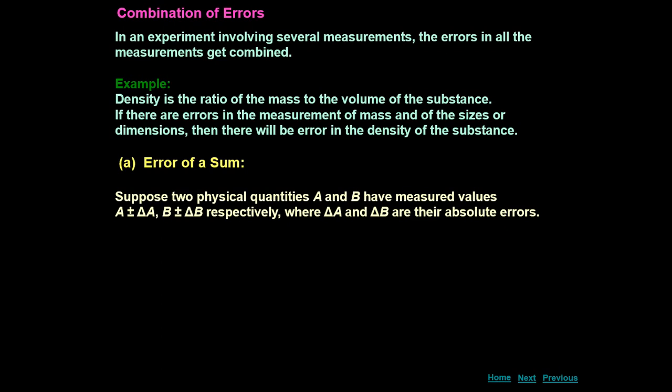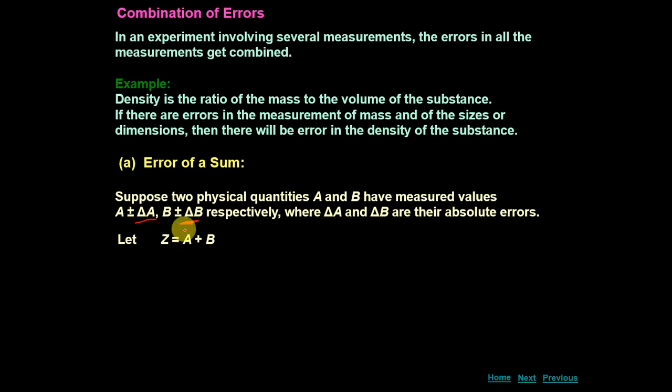Suppose two physical quantities A and B have measured values A ± ΔA and B ± ΔB respectively, where ΔA and ΔB are the absolute errors. Here ΔA is the absolute error in the measurement of A, and ΔB is the absolute error in the measurement of B.